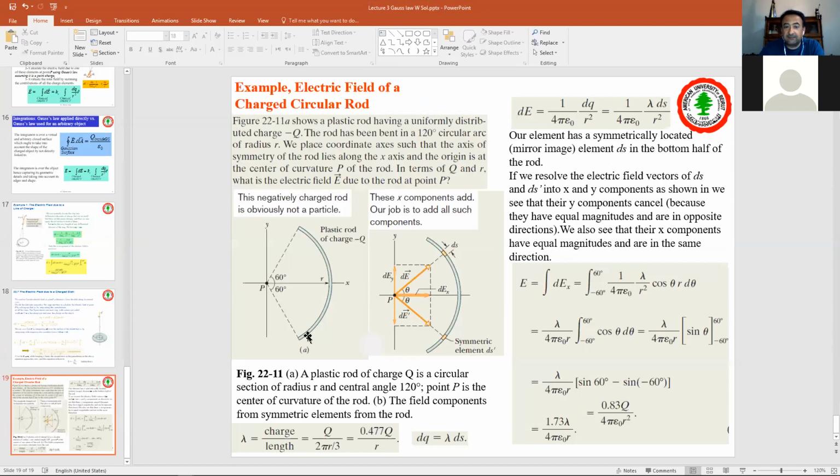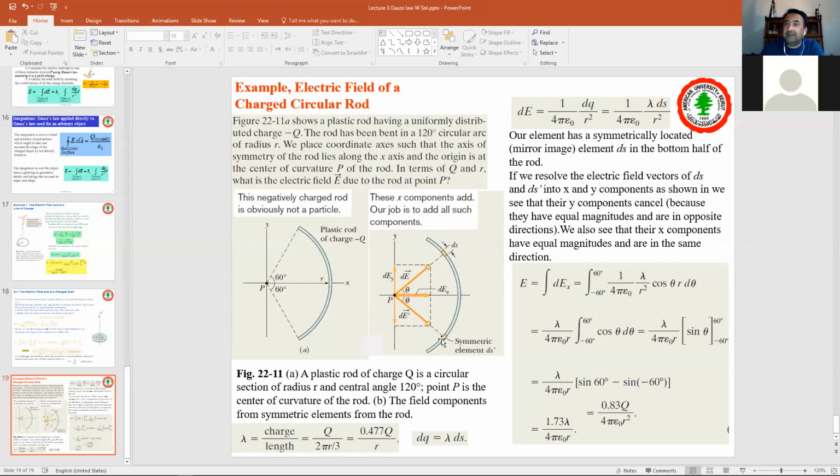So I have an arc, and the question is, get the electric field at this point P here. If I take a small element of this arc, which I call ds, and it's negatively charged, then dE will be pointing towards it. This dE will have a dEx and dEy. Once again, we go to the projection according to the x-axis and the y-axis.